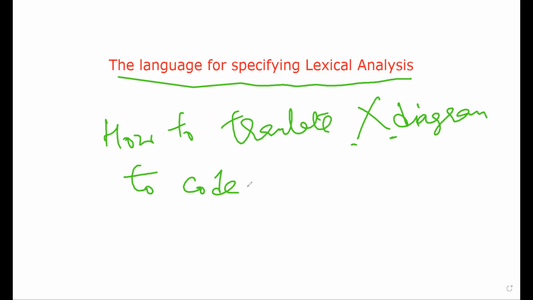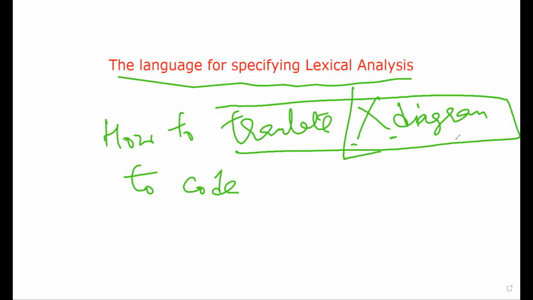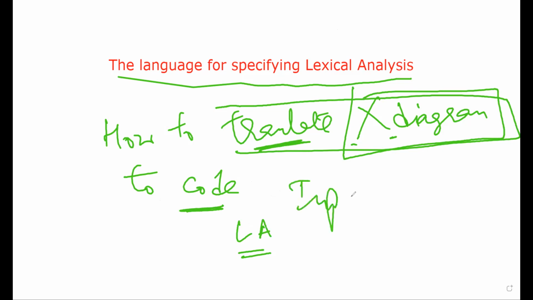So what we have till now is only the transition diagram. We need to translate those transition diagrams into code, and that kind of code will be your lexical analyzer. So the input is this and the output is this.